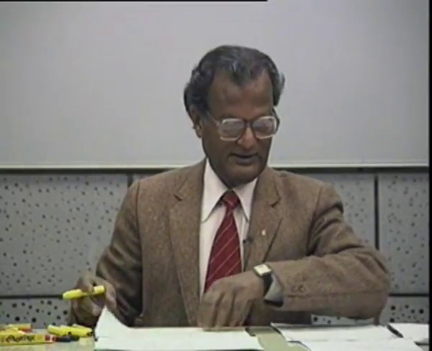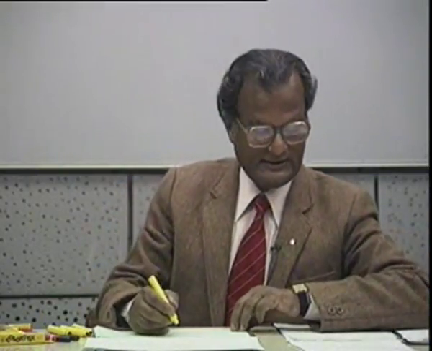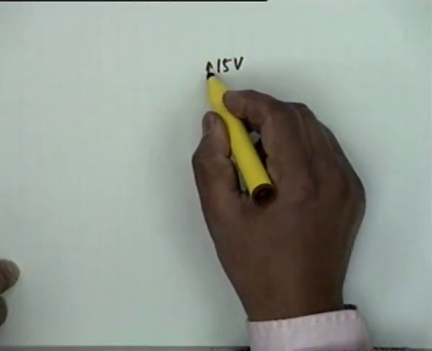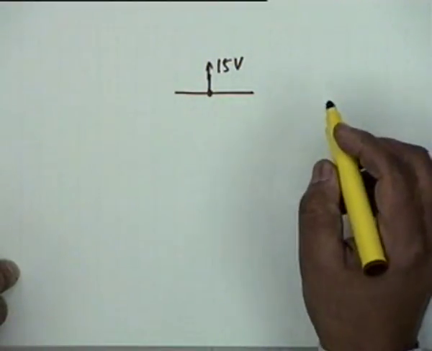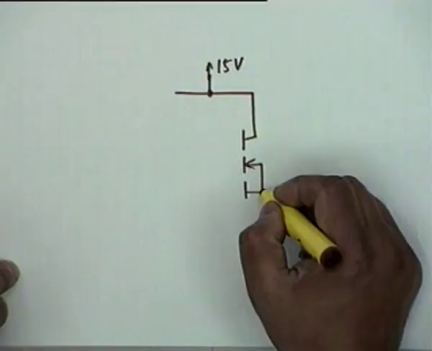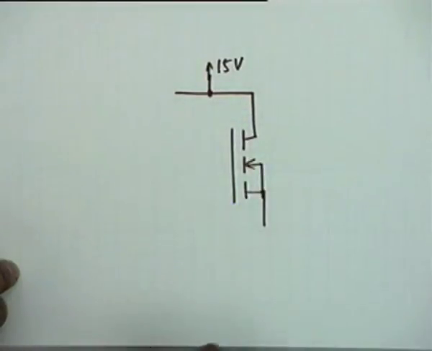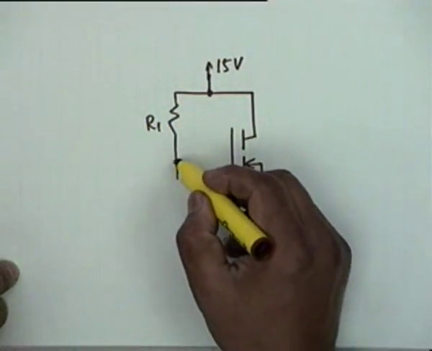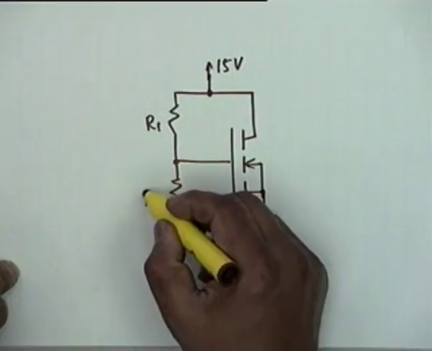The next question is question number 6 in the tutorial sheet. Question 6 says you have a 15 volt source, and for a change we consider an enhancement mode FET. There are two resistances, R1 and R2.